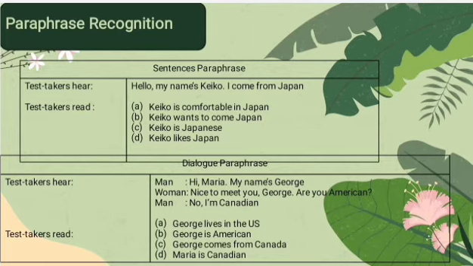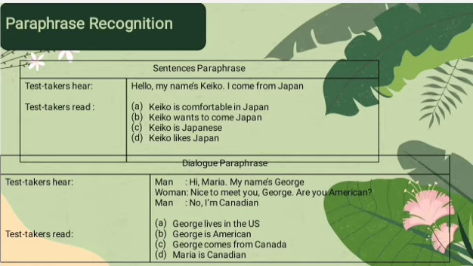The test taker hears the sentence: "Hello, my name's Keiko. I come from Japan." And then the test taker reads four choices in the book or on the paper. First, Keiko is comfortable in Japan. Second, Keiko wants to come to Japan.